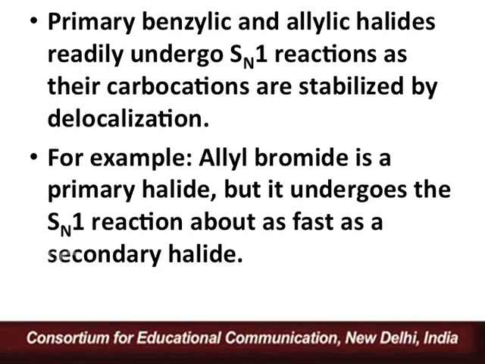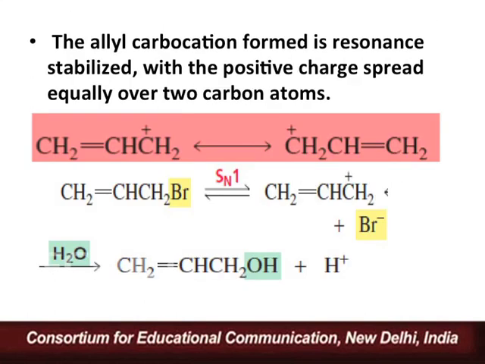Nevertheless, it undergoes SN1 reaction at the same rate as a secondary halide does. The reason being, the allyl carbocation formed is resonance stabilized with the positive charge spread equally over 2 carbon atoms.